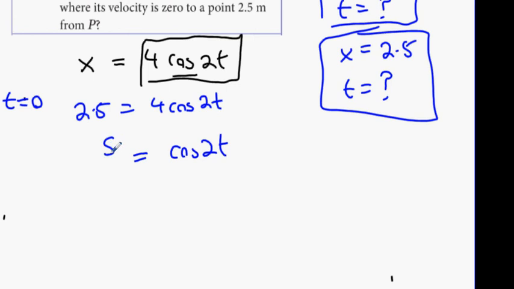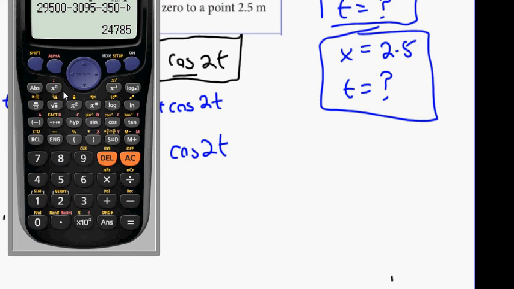Keep the answer in radians. I'm in degrees currently, am I? So shift, change, radians being number 4, and then we're going to cos inverse 5 over 8, and what do we get there? 0.896.